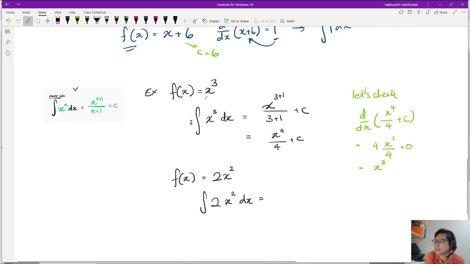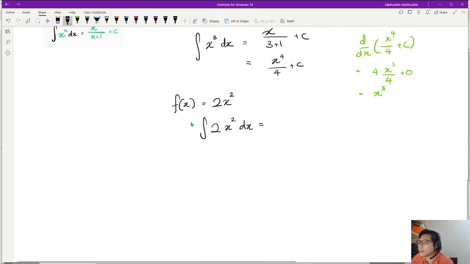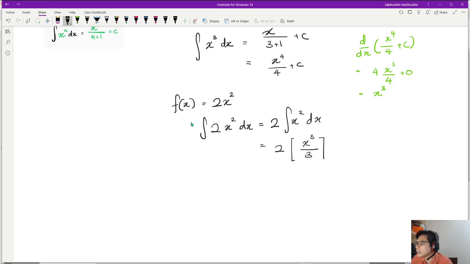So you can always say this is equivalent to that, and you can do your work there. So you're going to get x to the 3 divided by 3. So your answer would be 2 over 3 x cubed, and don't forget the plus c. You can try to differentiate this one and see if you can get this one.